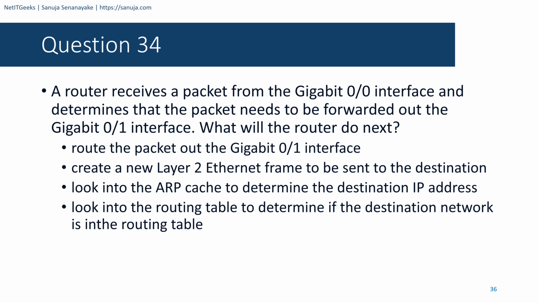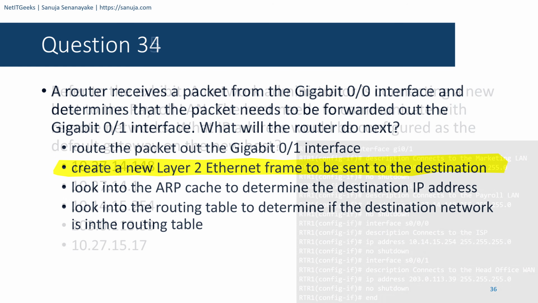So there are a couple of answers possible. Which one is correct? If you understand how routing works from your lecture notes, the answer is that the router is going to create a new layer 2 Ethernet frame to be sent to the destination, because the router has determined that it needs to go out from a different port. So that's the answer to question number 34.